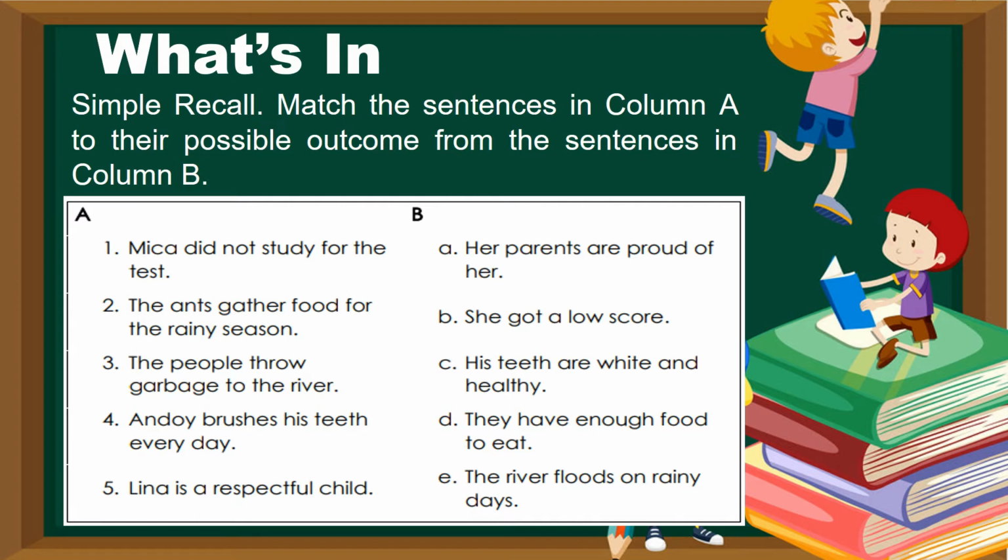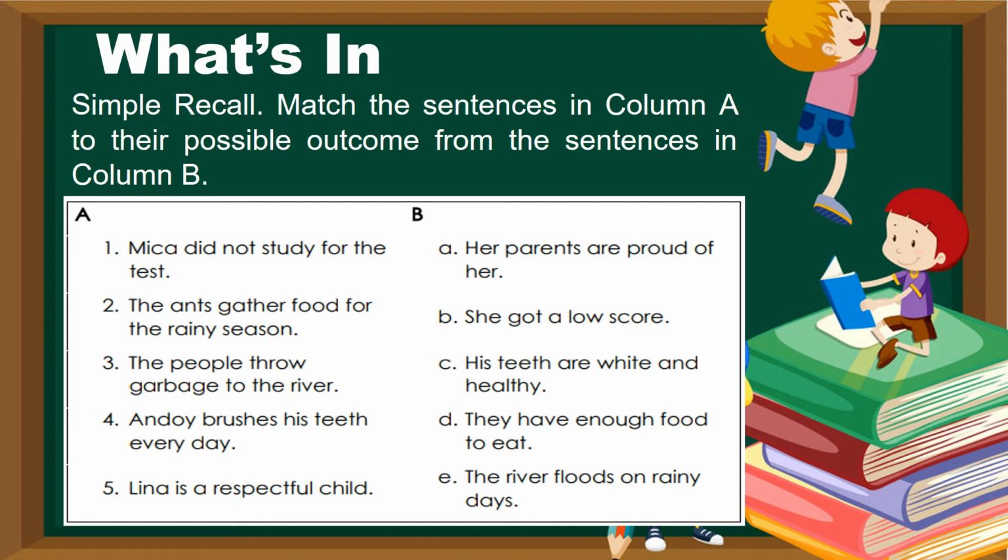Number 2. The ants gather food for the rainy season. Number 3. The people throw garbage to the river. Number 4. Andoy brushes his teeth. Number 5. Lina is a respectful child.